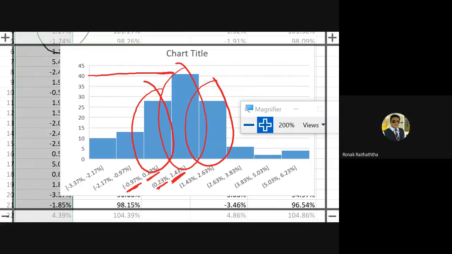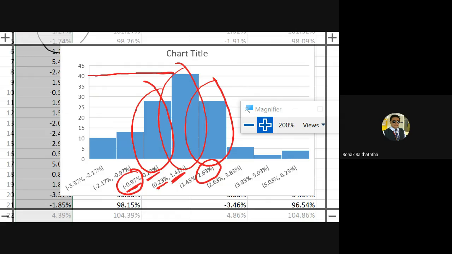So numerically, if I say from minus 0.97 percentage to 2.63 percentage, the majority of the returns are falling. Now, what is the exact probability of returns falling in this range? That we haven't seen yet. But from the chart, I can see that there are very few chances left outside the scope of these three bars, where my return would be extremely positive or extremely negative.